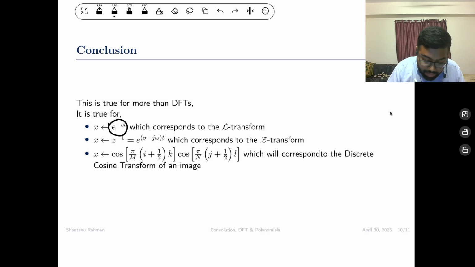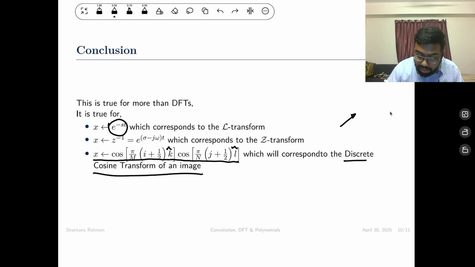Another special case we have is if we set x to be these cosine vectors over here, then this corresponds to the discrete cosine transform of an image that we use in signal processing, such as doing JPEG and stuff.